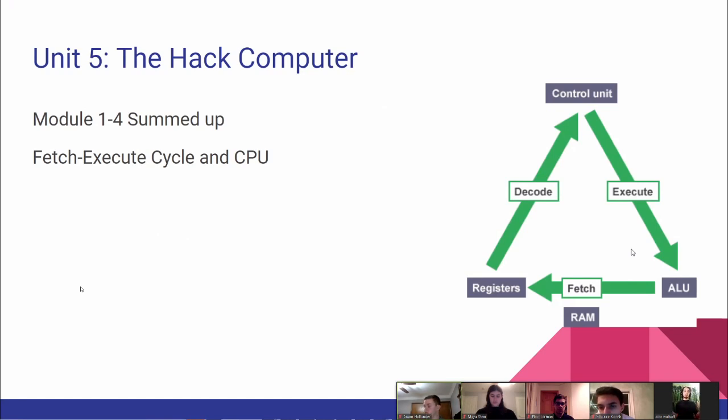Now, in Unit 5, you go back and take all of the different chips that you made and combine them into one computer. And the primary part of this computer is the CPU. The way a CPU works is it uses what's called a fetch-execute cycle.